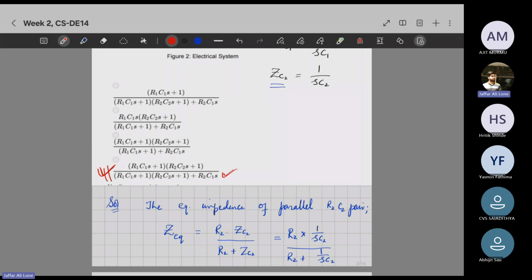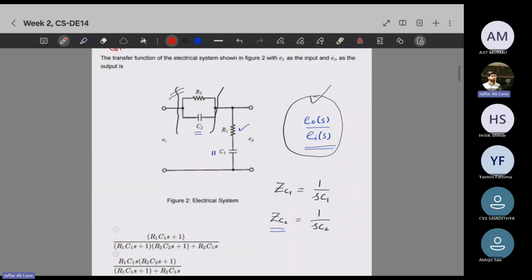I'll just recap what I've done. I was given a question. The circuit was given, and I had to find the transfer function of this circuit. The approach is you have to see the relationship of the Laplace transform of output over input. For that, we just have to simplify circuits.